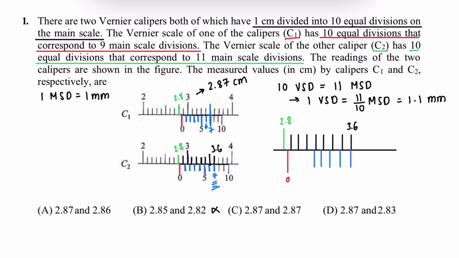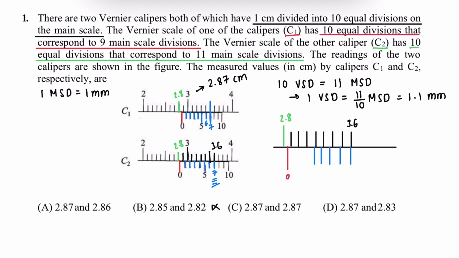Oh, that makes sense. 7 is here. 6, 5, 4, 3, 2, 1. Okay. Sorry, I got confused there for a second.